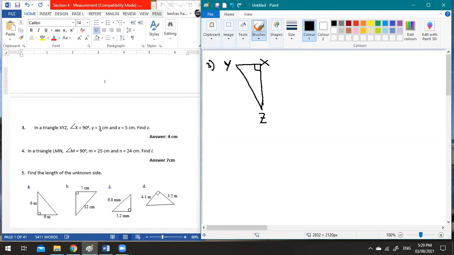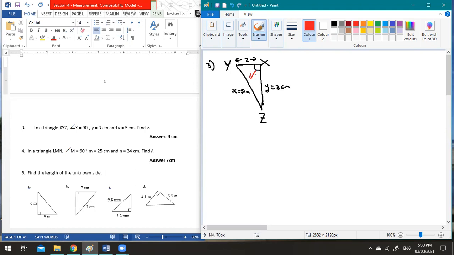The length y, which is opposite the angle Y, is 3 centimeters. The distance x, which is opposite capital X, is 5 centimeters. And they want us to find z. So again, we could write the formula.